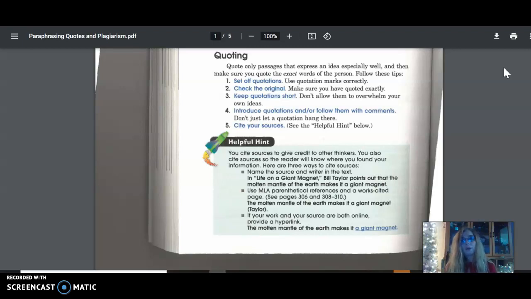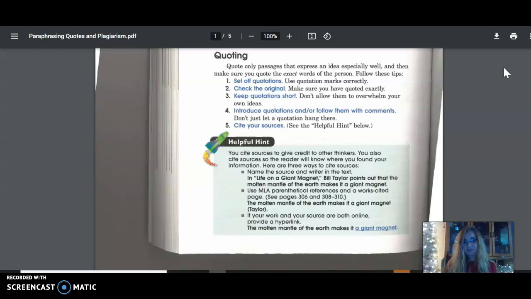For example, thinking about Martin Luther King Jr.'s I Have a Dream speech, he is such an eloquent speaker and his words evoke such a response in the audience that would be an example of taking part of that speech and using it directly as he wrote it and as he spoke it to his audience.